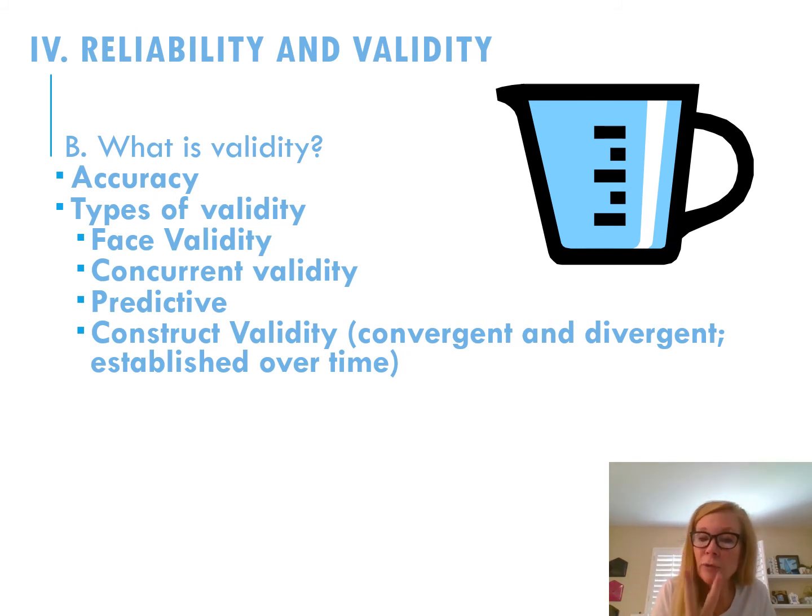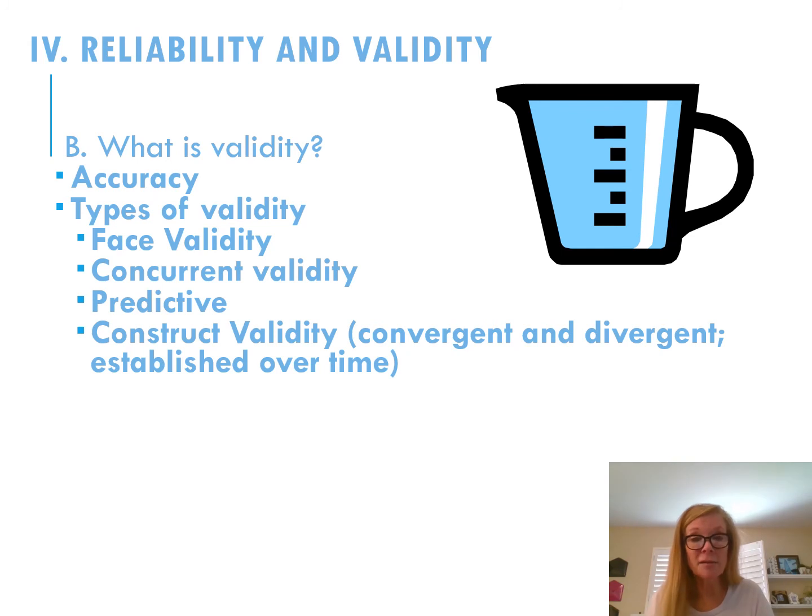I'm using two different modalities, but they're measuring the same construct, so I want those to converge or be highly correlated. So convergent is same construct, different modalities, goal is to converge.